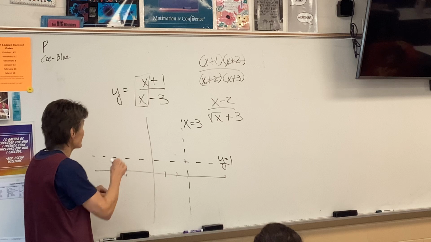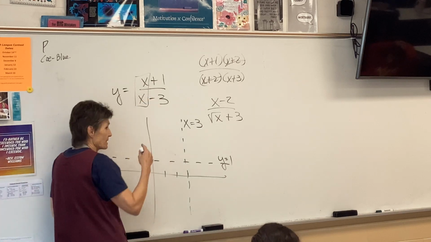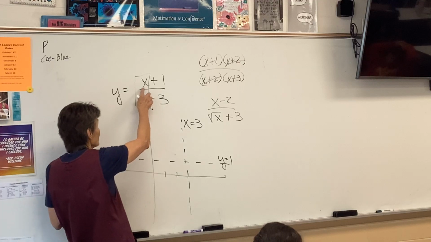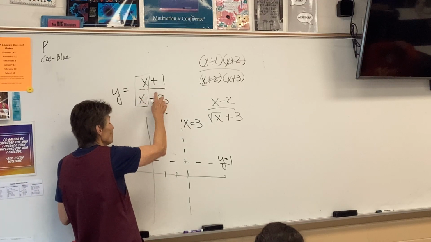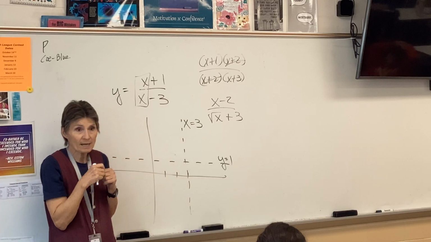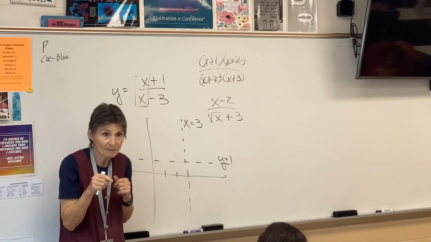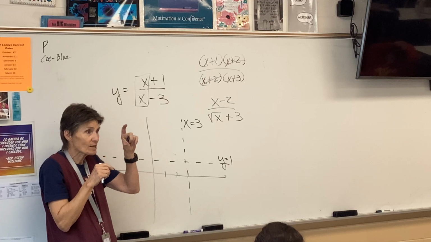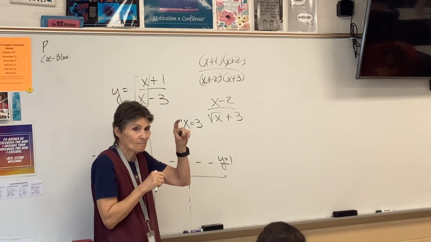No, because if you plug in a number, like let's plug in 1,000,000, the numerator is 1 more than 1,000,000, and the denominator is 3 less than 1,000,000. But if you compare those two numbers, isn't it about the same?